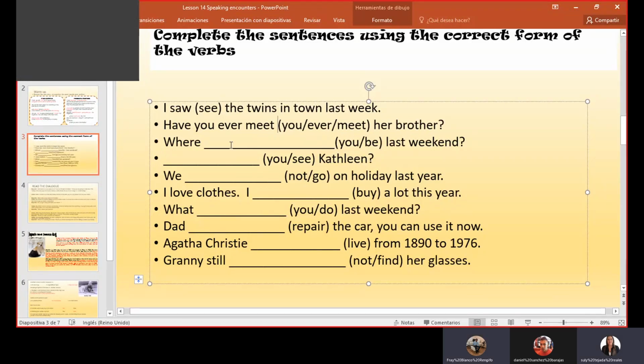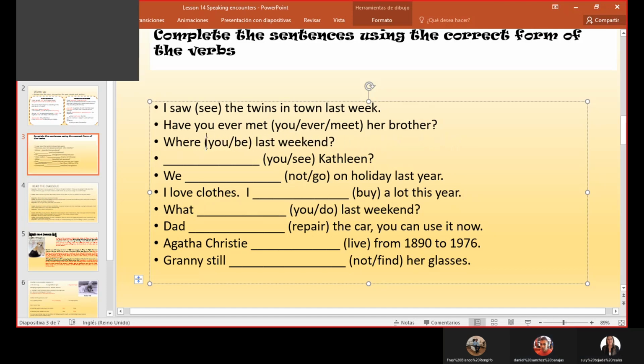Con una sola I, perdón. Okay. Where you was that weekend? ¿Así? ¿Crees que está correcta?